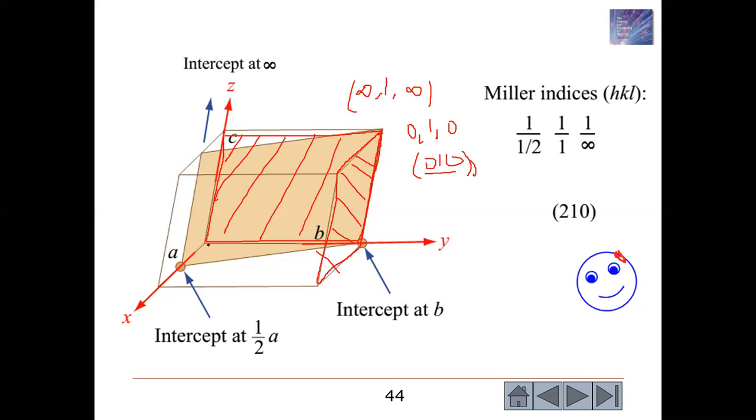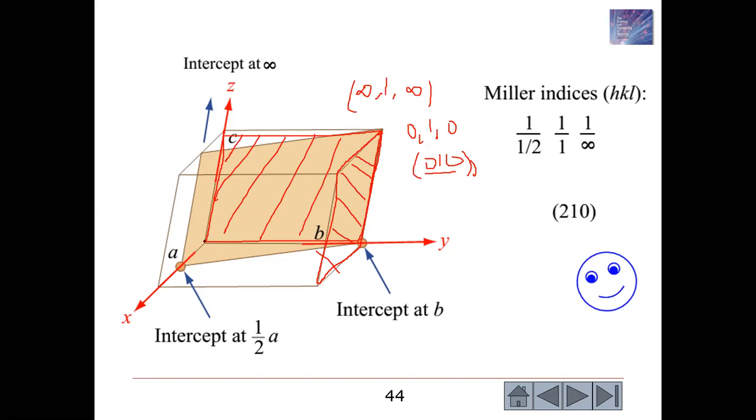The problem here is that it is passing through the origin. We cannot let the plane pass through the origin, so we have to move the origin. We will move the origin in such a way that we get the least number of negatives in the plane.